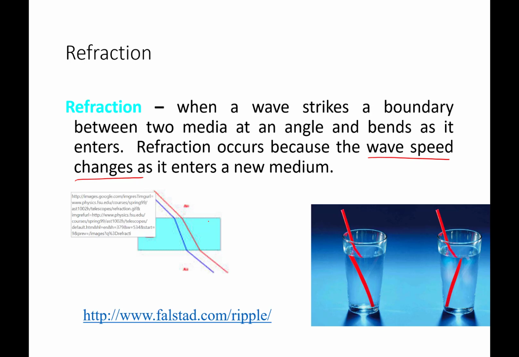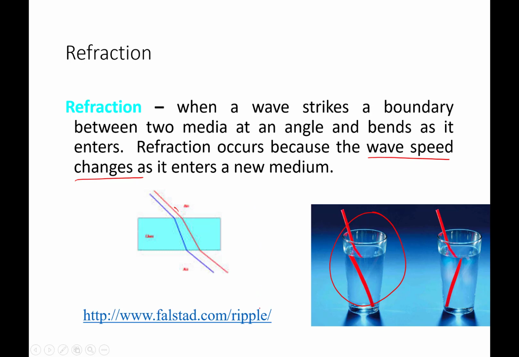So this shows us two rays of different color light from air entering into glass, bending, that is refracting, and then when they leave the glass, they bend again, they refract again. Different wavelengths are bending at slightly different angles. You've seen refraction anytime you look in water. You get effects like this, where this straw looks like it's broken or bent, even though we know it's a straight straw.